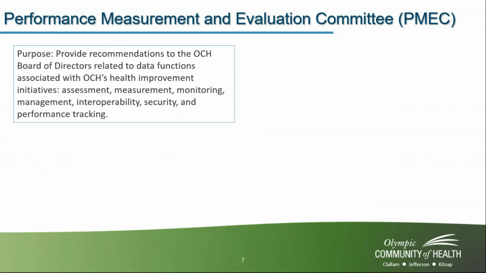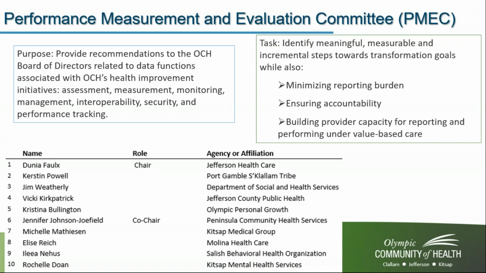Okay, so I want to start by providing a little bit of background about where these intermediary metrics came from. The OCH formed a committee called the Performance Measurement and Evaluation Committee. It was formed over last summer and met pretty intensively between August and November of last year.